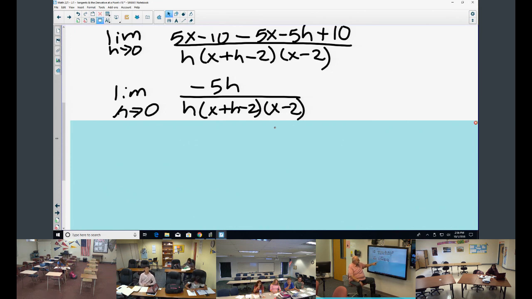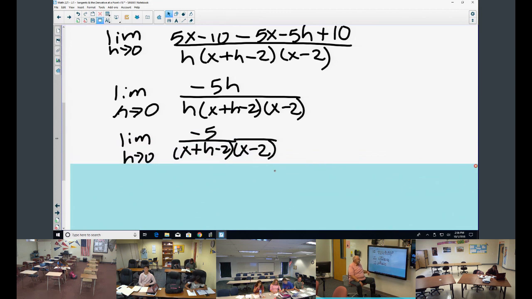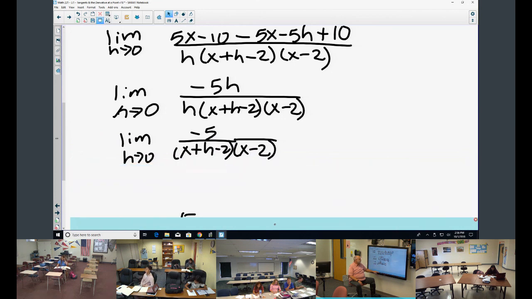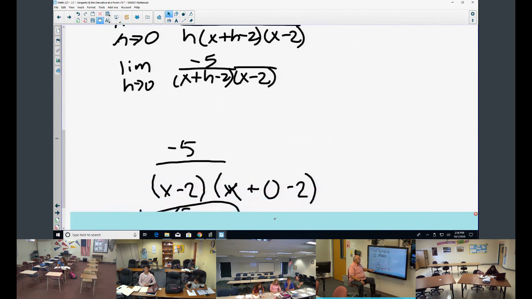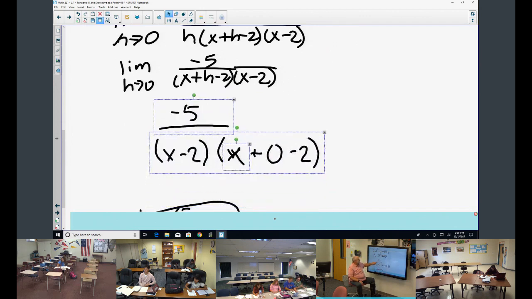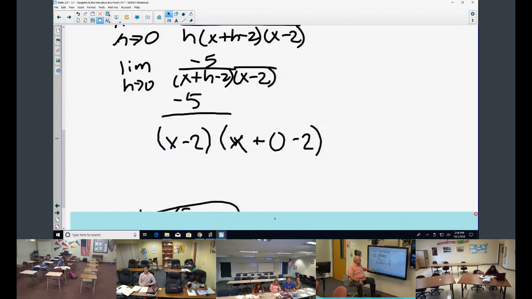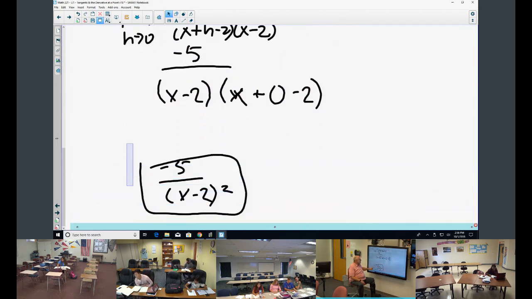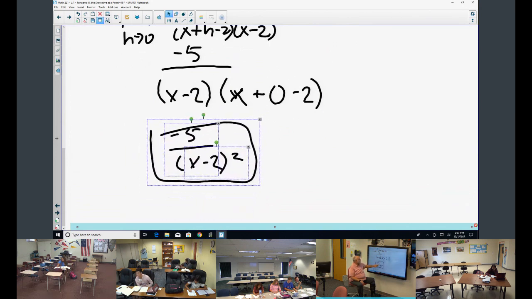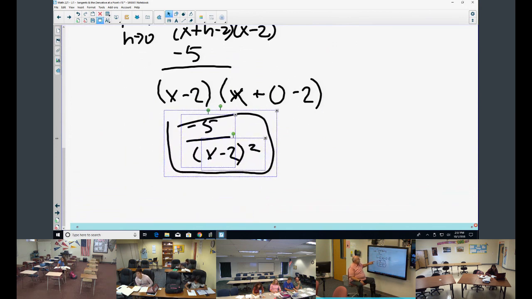But now, once you cancel the h's, you can plug in 0 for h again, and you won't get 0 over 0. What you'll get is negative 5 over (x minus 2) times (x minus 2), so negative 5 over (x minus 2) times (x plus 0 minus 2), or negative 5 over (x minus 2) squared. Okay?